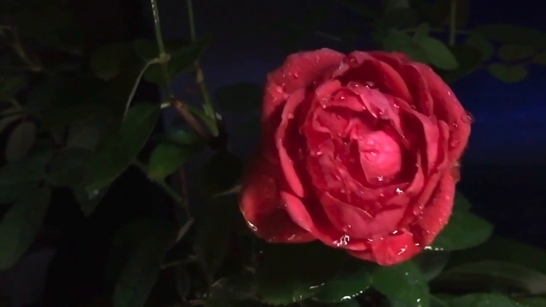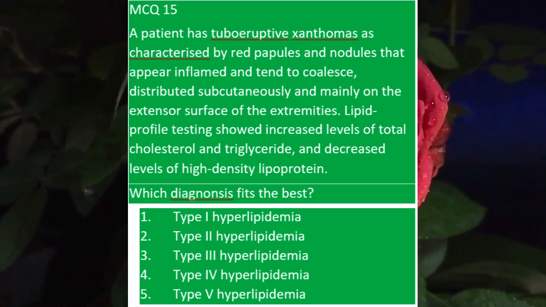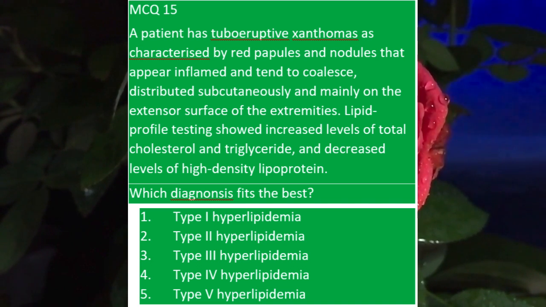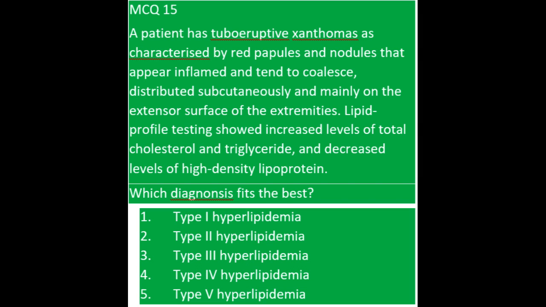MCQ 15. A patient has tuberoeruptive xanthomas as characterized by red papules and nodules that appear inflamed and tend to coalesce, distributed subcutaneously and mainly on the extensor surface of the extremities. Lipid profile testing showed increased levels of total cholesterol and triglyceride and decreased levels of high-density lipoprotein.